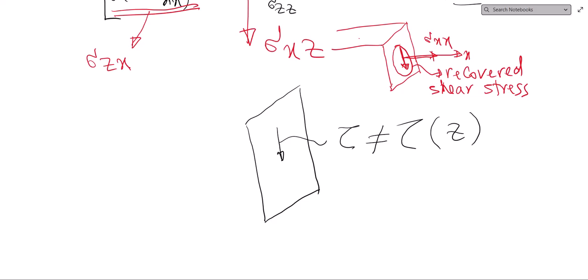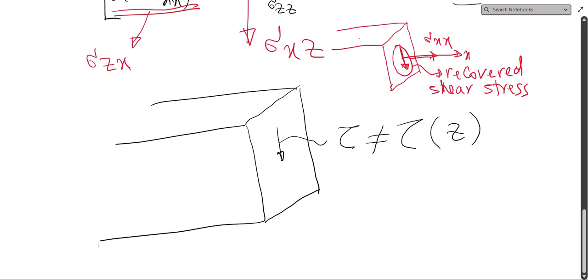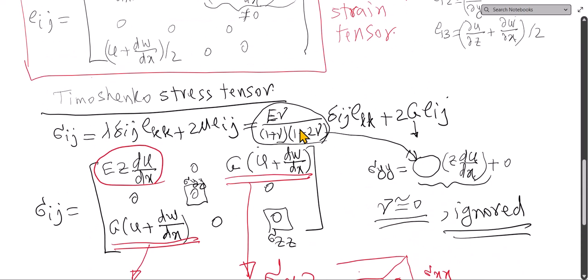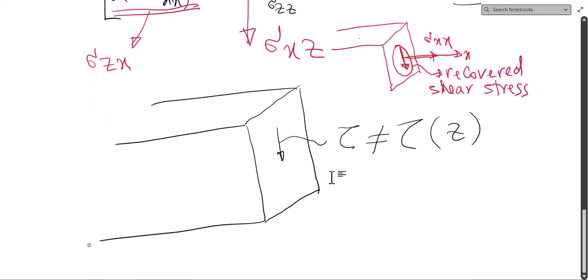It means it doesn't vary as I go from the top of the beam to the bottom of the beam. Phi is a function of x. This is a function of x. Therefore this is a constant.